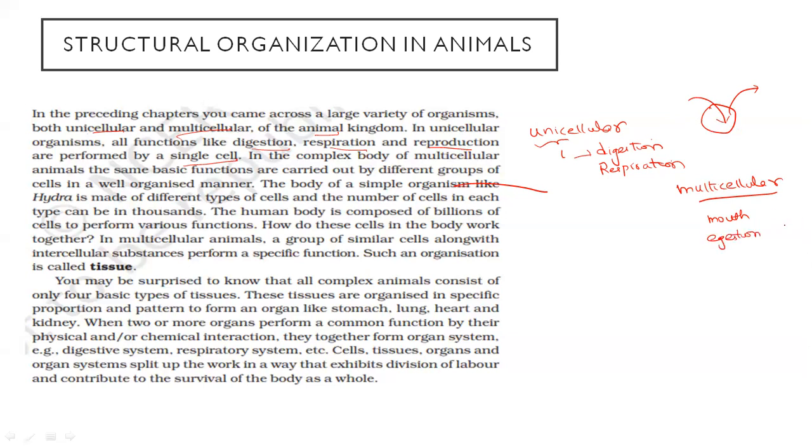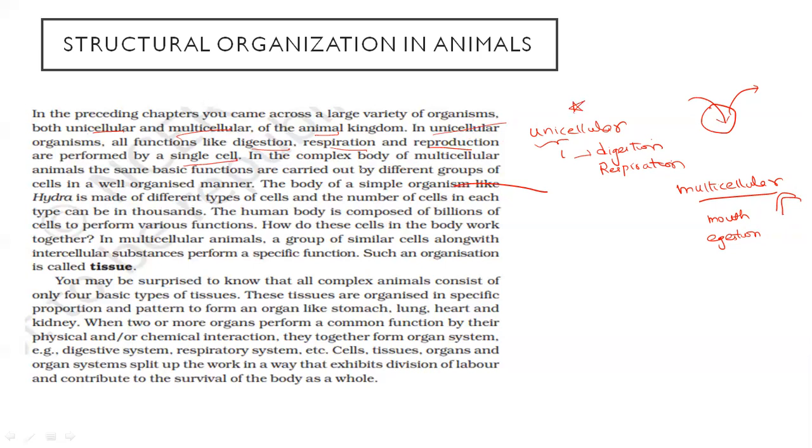And that has a separate exit. So our digestion goes all the way from the mouth to the stomach to the small intestine to the large intestine, and it completely comes out. In case you have missed the human digestion topic, you can always check it on my channel, where I have made a topic called digestion for NEET. Okay, so let's get back over here. What do we understand by unicellular? One cell does pretty much all the functions.